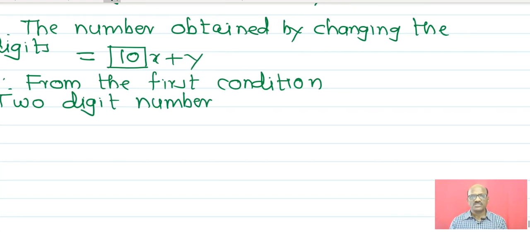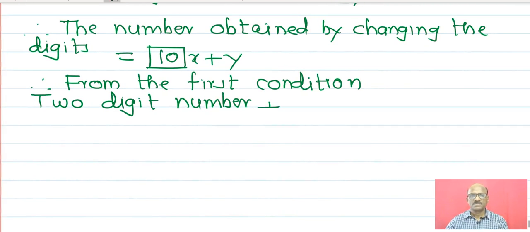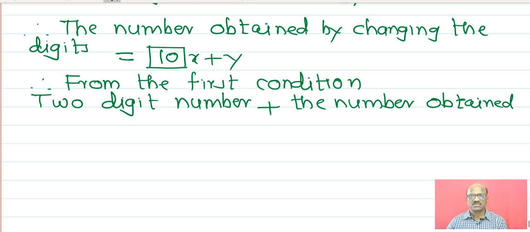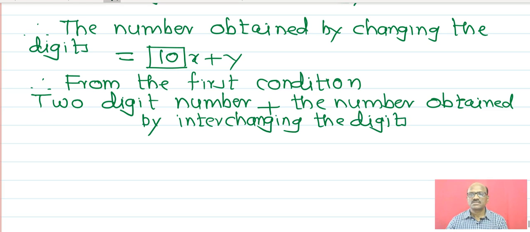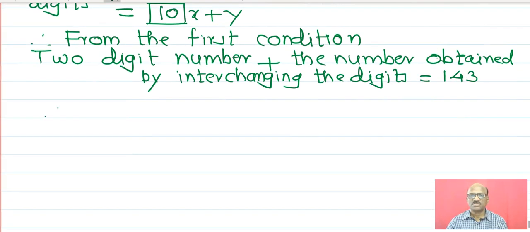From the first condition, a 2-digit number plus the number obtained by interchanging the digits is equals to 143.